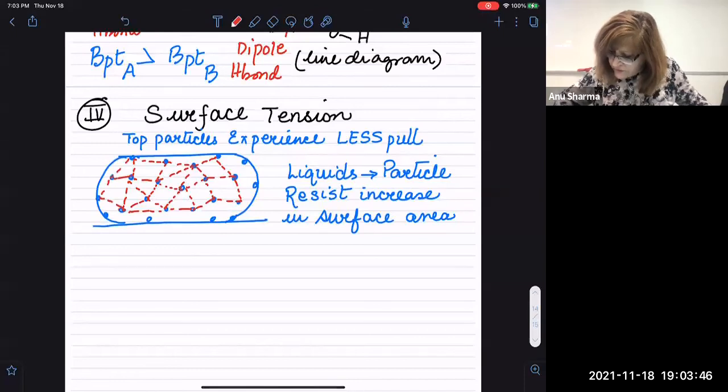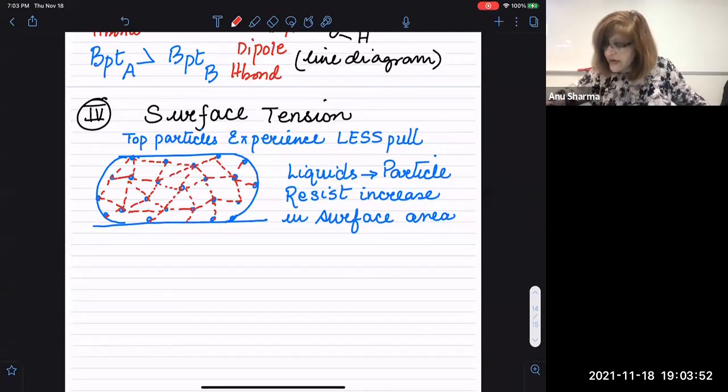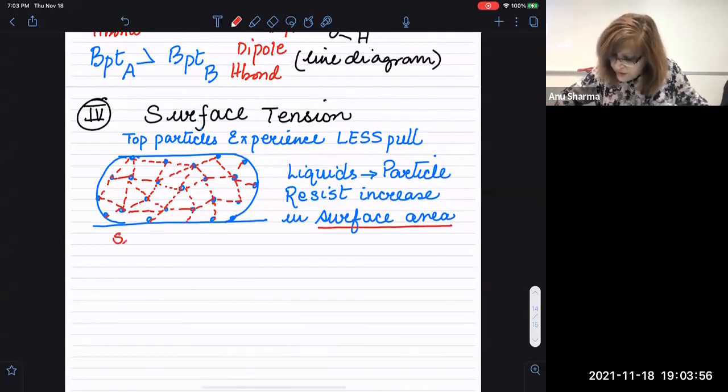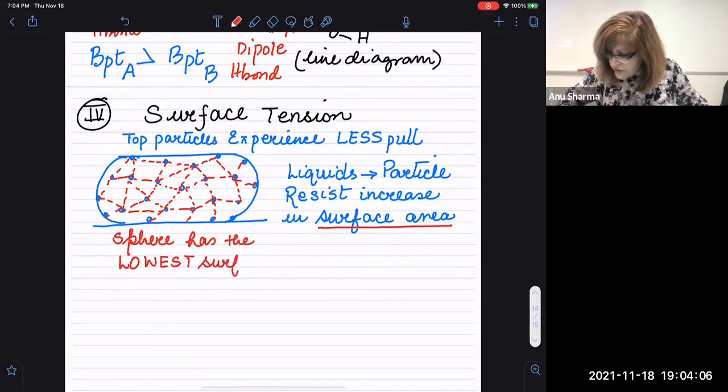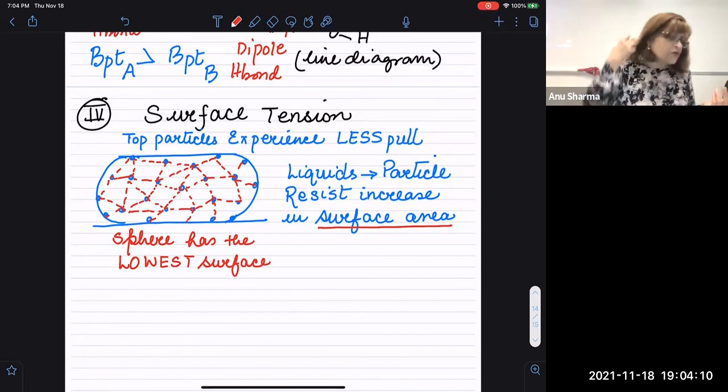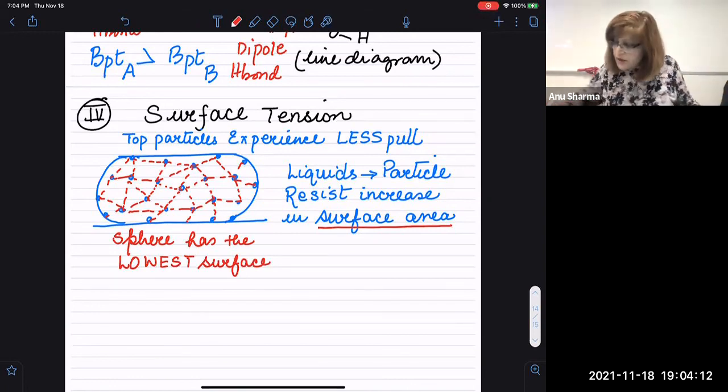And this curve is caused by surface tension, because the whole idea is to get the smallest surface area. And a round shape, a sphere, has the lowest surface area. That's geometry. So that is why all liquids curve to some extent, depending on the nature of the liquids also.